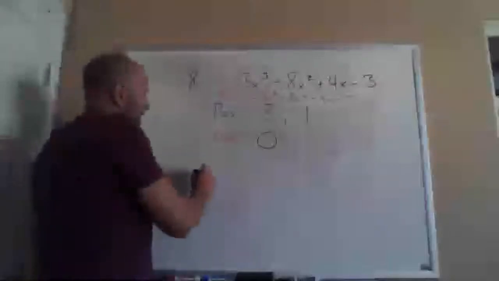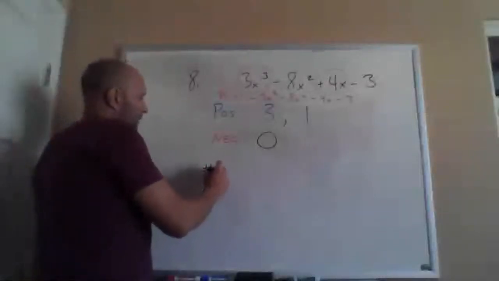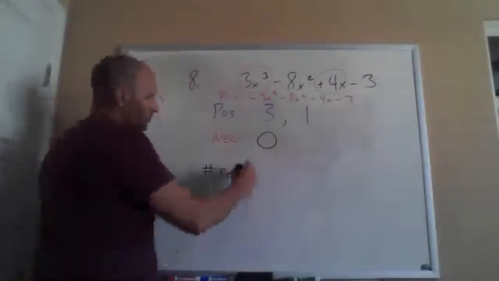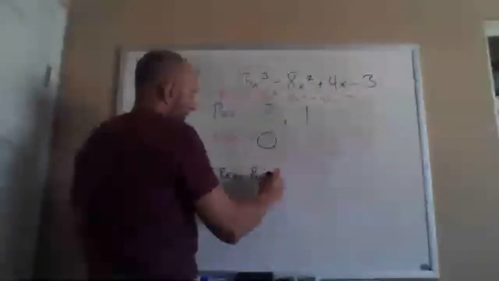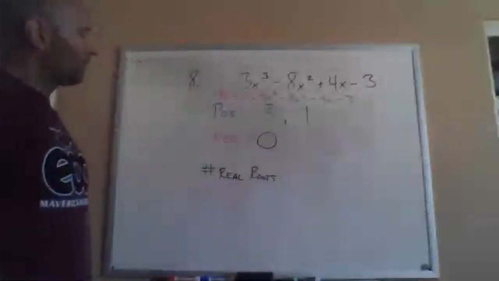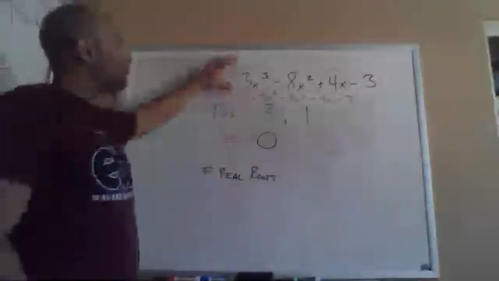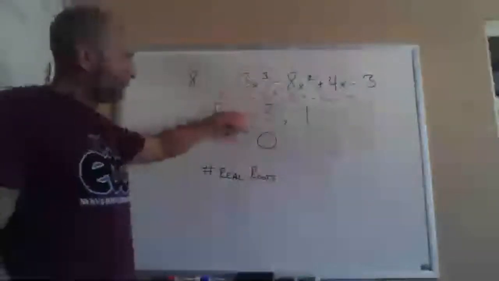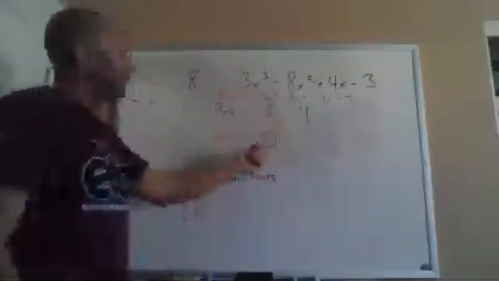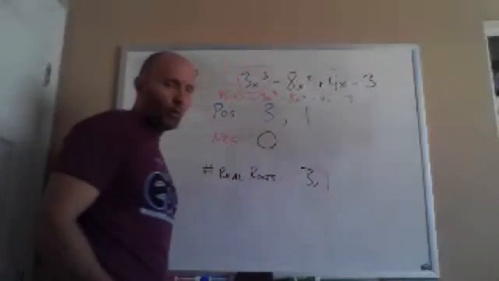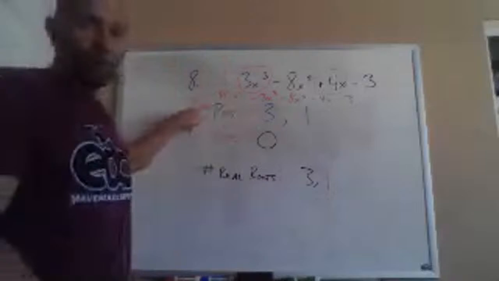And so then the last box, and this is the confusing one, is the number of real roots. So how many real roots do I have? Well, for the positive ones, I have either 3 or 1. And this one has 0. So the number of real roots would be either 3 or 1, and they would all be positive.